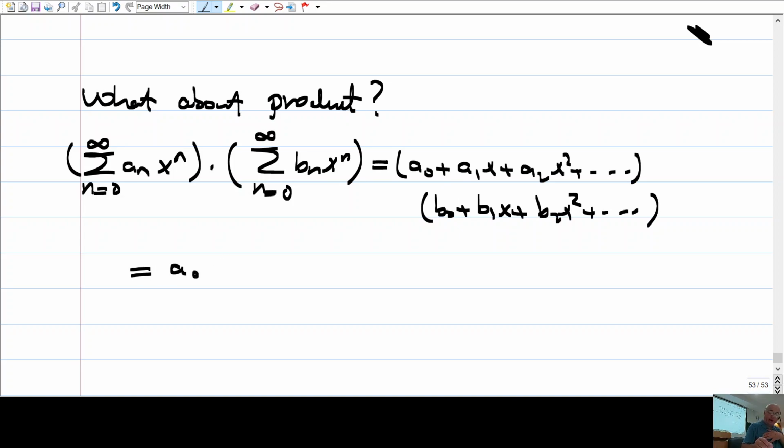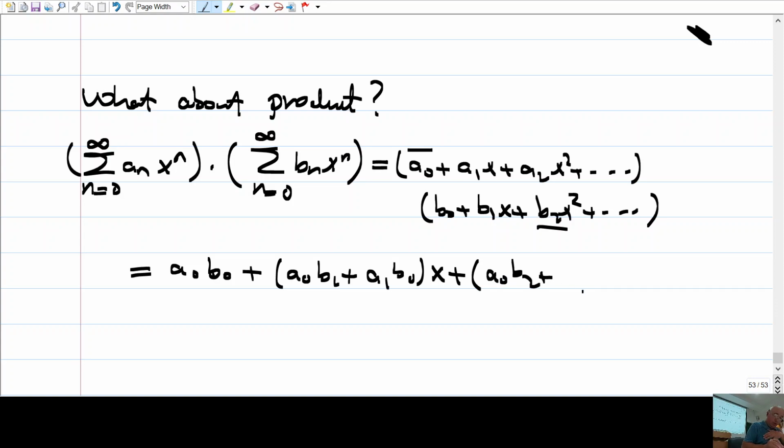The constant term would be a0 b0. Then the x terms: a0 b1 plus a1 b0, times x. Then the x squared terms: a0 b2, a1 b1, a2 b0, times x squared.